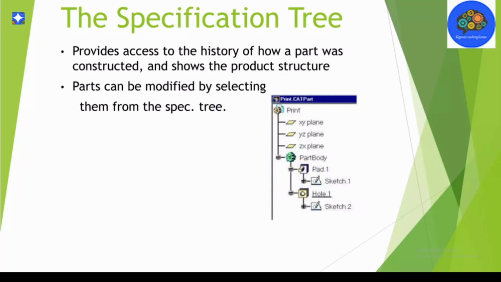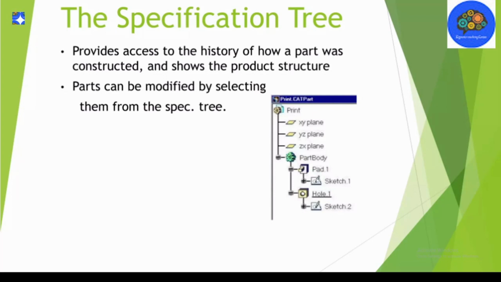In this part named print, there are three basic planes, and this is the part body. The part body is made up of a pad operation. First they created a sketch, and then they made a pad operation. Pad operation is nothing but your extrude operation to create 3D objects from 2D objects.